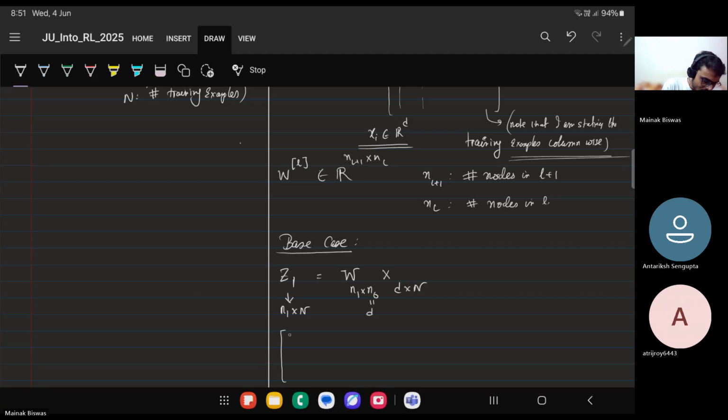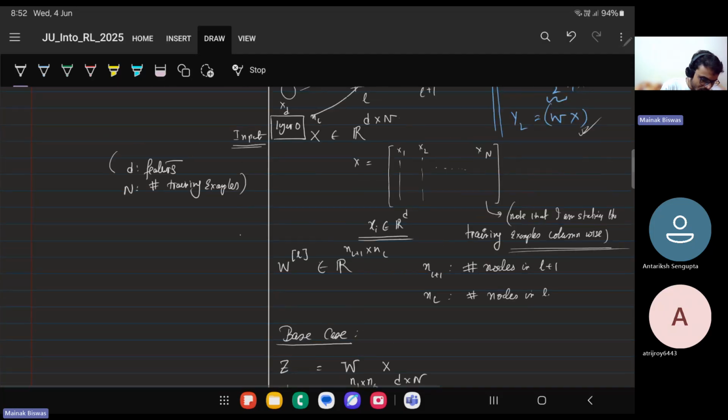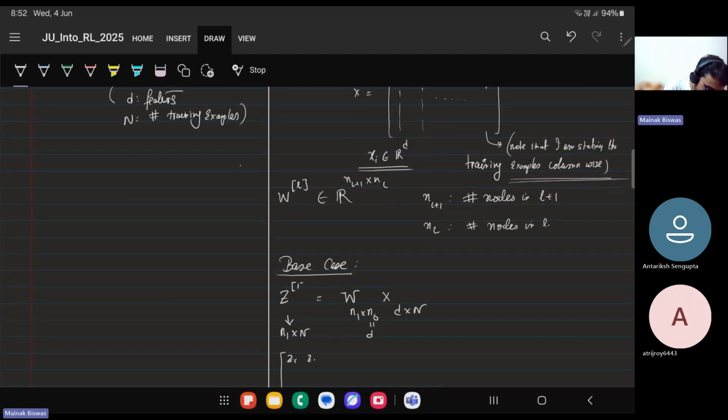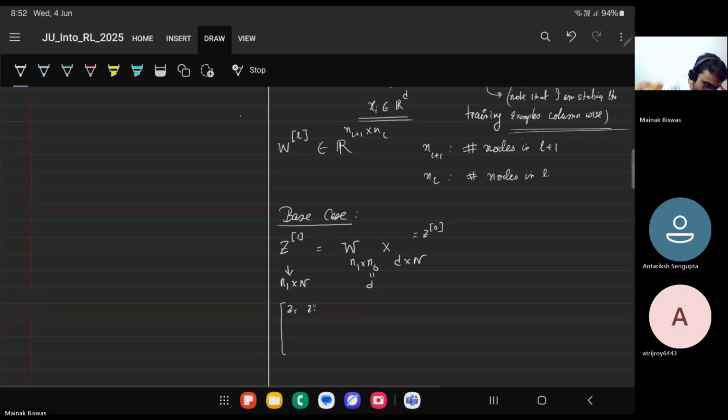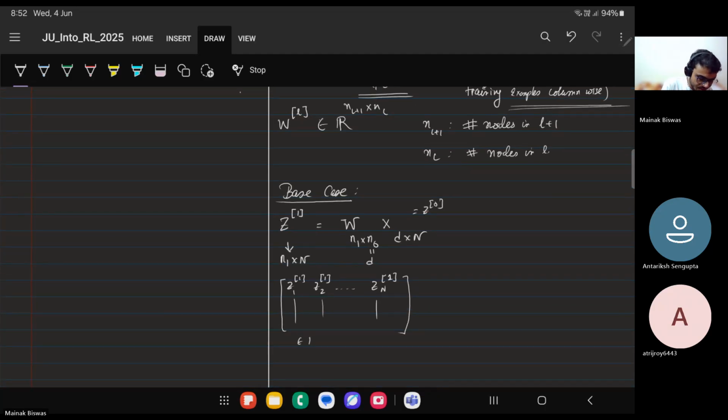So you have Z1. It's becoming a bit of a problem, so let me put it as a superscript, Z1. And X is equal to Z0. When I write a subscript, it denotes training examples, following the same notation.